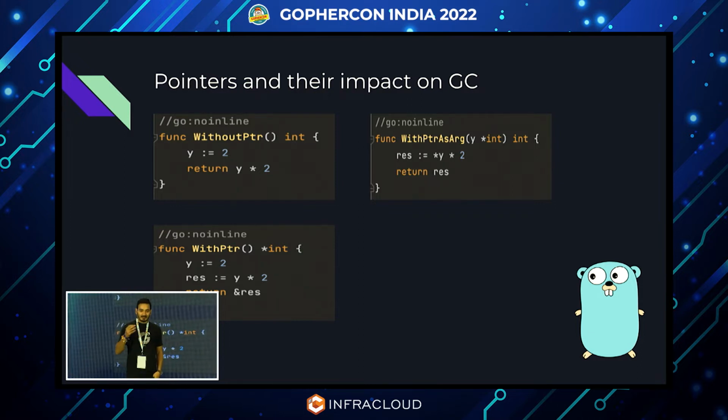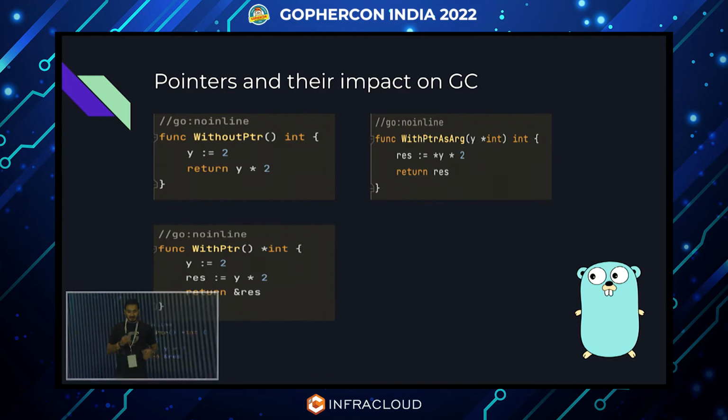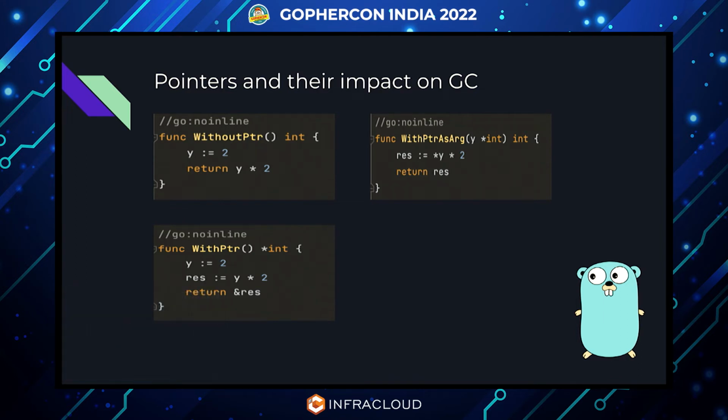One is without pointer, which is just doing some basic calculation. The next one is with pointer, which returns a pointer. The next one is with pointer as an arg. It accepts a pointer, and it's not returning the pointer, it's returning a normal variable. So what's the impact? We'll see some benchmarks and profiles.